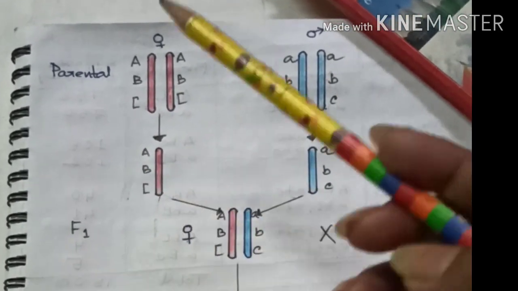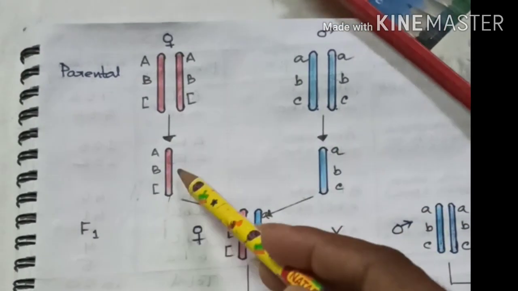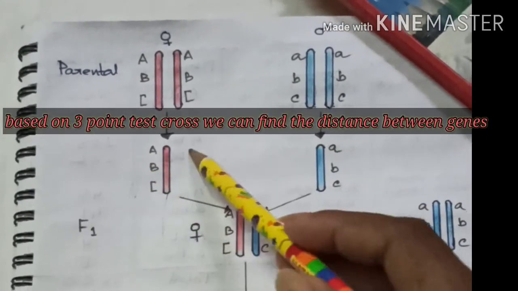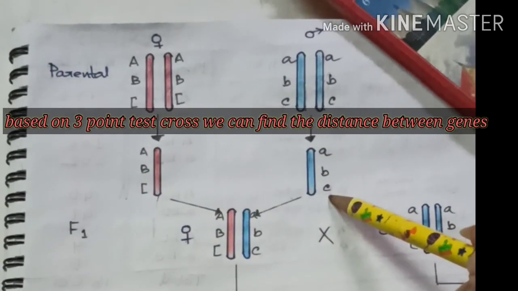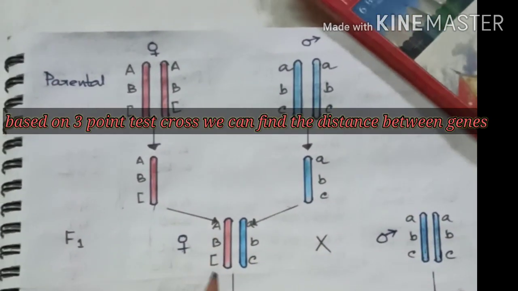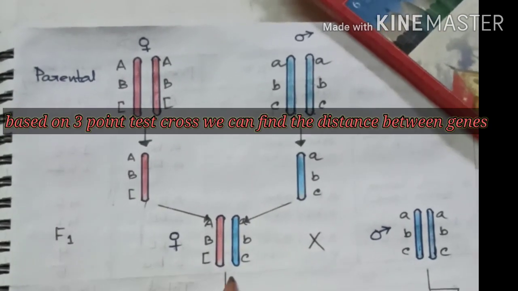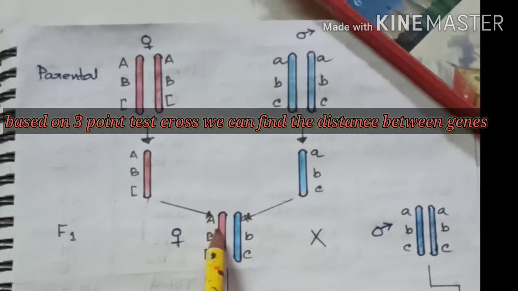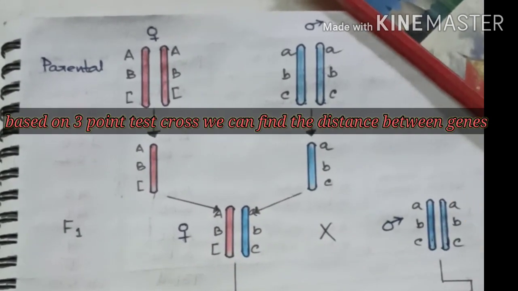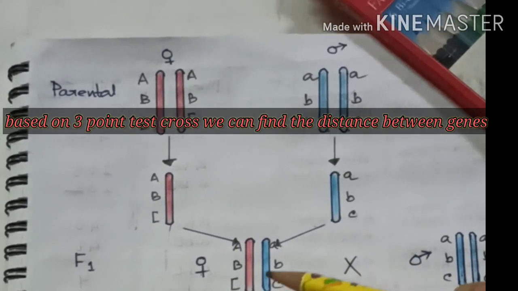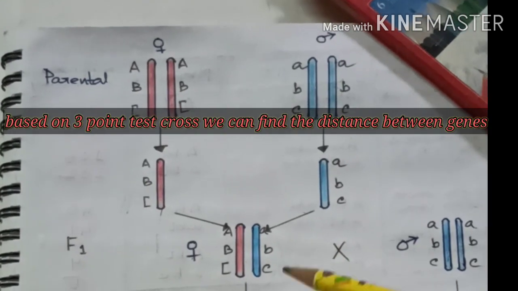After meiosis, the gamete will be a single chromosome and have the genes capital A, capital B, capital C, and the other is the same. In the F1 generation, it will be capital A, capital B, capital C crossed with small a, small b, small c.